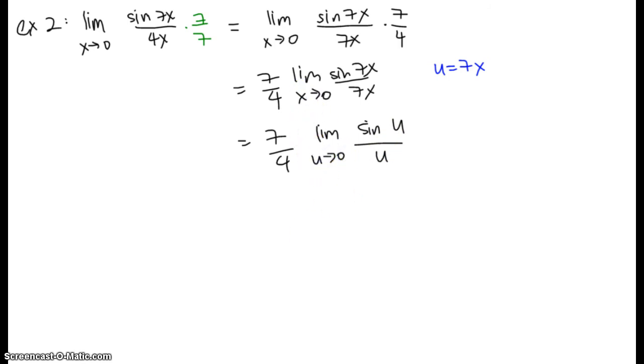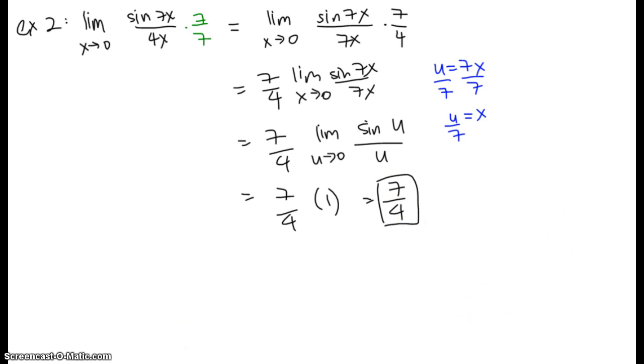If I show the work, x is the same thing as u over 7, but I'm shrinking that u down to 0 anyway, so I can just do a straight replacement. I get 7 over 4 times the limit as u approaches 0 of sine u over u, which is just 1. So my limit is just 7/4.